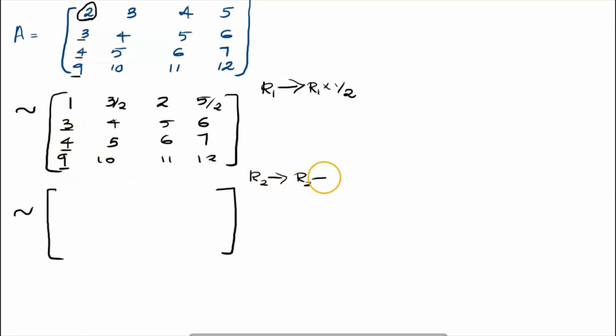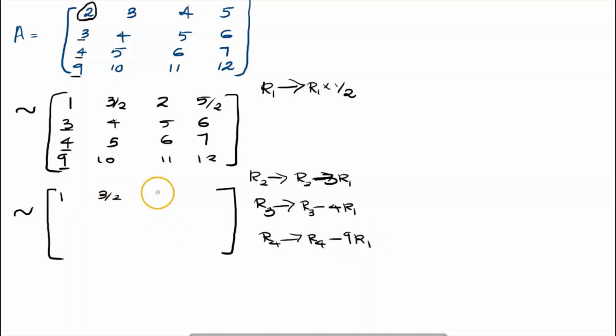So R2 changes to R2 minus 3 R1, R3 changes to R3 minus 4 R1, and R4 changes to R4 minus 9 R1. So R1 has no change.